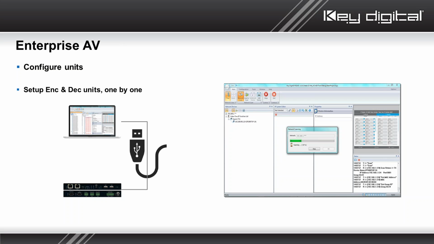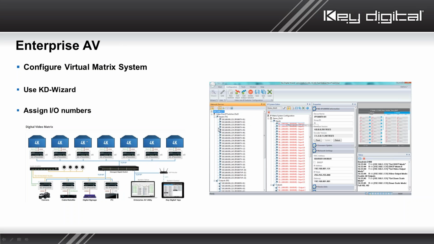Every one of these devices, of course, requires a unique IP address. So you connect, you scan, you find it, you configure one by one, and after you do your configuration one by one, you then connect all units and do a scan so that you see all of your inputs and your outputs, your encoders, your decoders, and you can begin building a virtual matrix system.